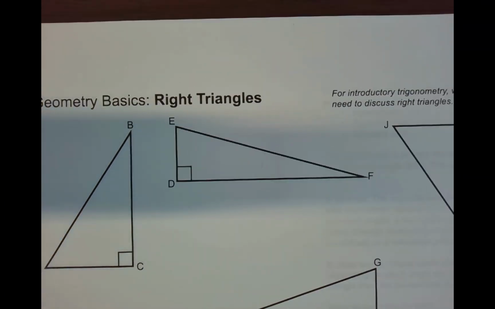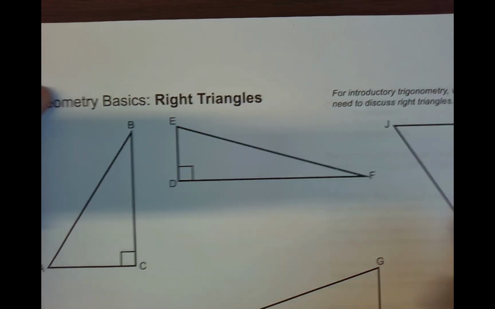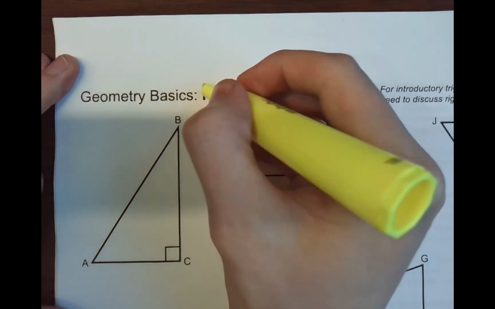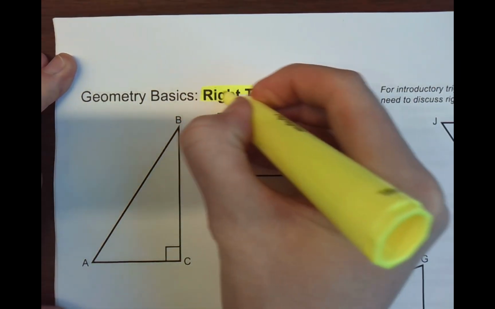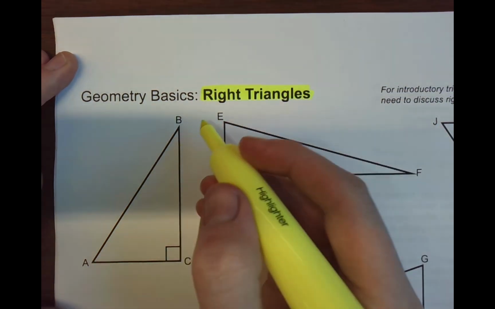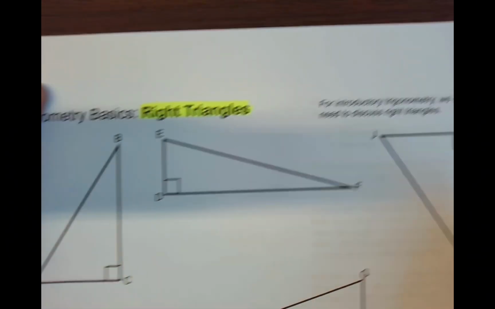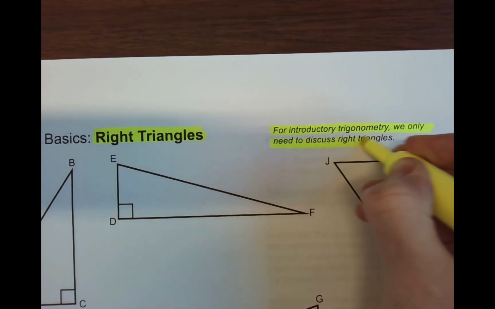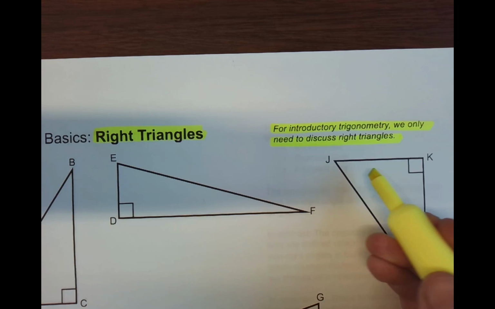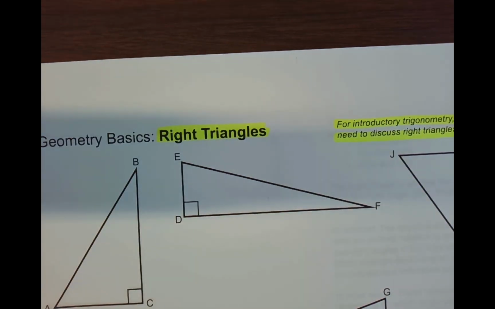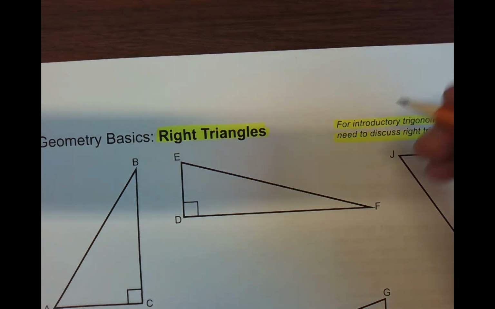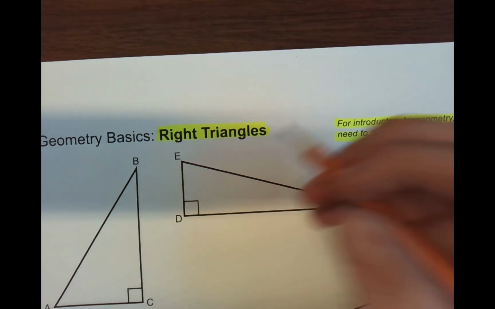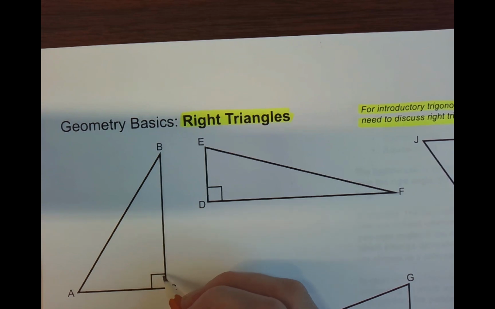So right triangles, which is all we need to talk about for introductory trigonometry. We are only going to be talking about right triangles for this Math 10 course. And the defining feature of a right triangle is that it has a right angle.